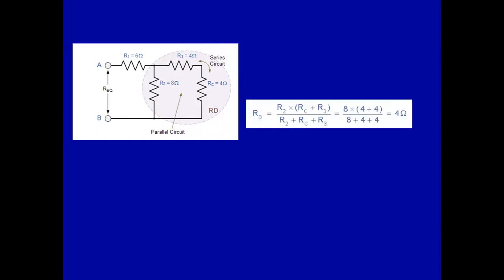How are you going to get your RD? Now, your RD would be equal to R2 multiply it with RC plus R3 all over the summation of the 3 as 8 multiplied with 8 all over 8 plus 8, which gives us the value for your RD 4 ohms. Okay?